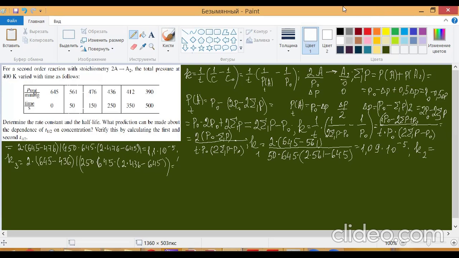That equals 1.1 times 10 raised to minus 5. Now, k of 4.